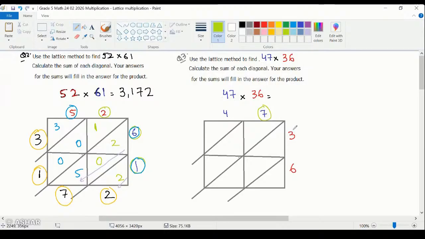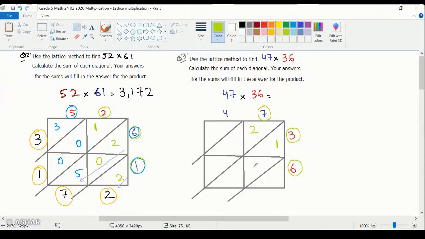7 times 3 is 21. That means there is 1 ones and 2 tens. Agree? The 10 comes on the upper part. Okay. Let's see. 7 times 6 is 42, right?